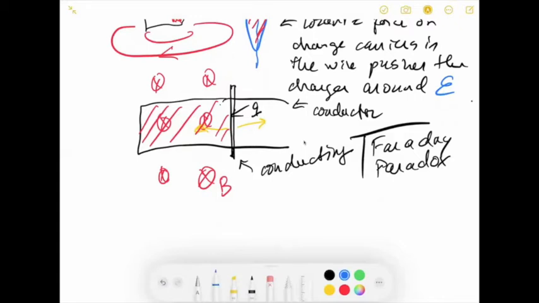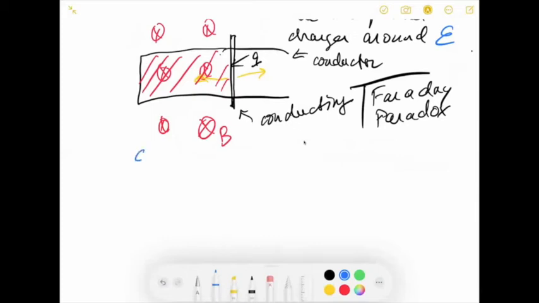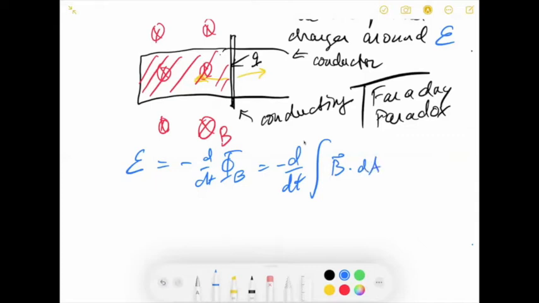And I think the cleanest way to say it is to say that EMF is minus d/dt of phi_B. And I'm using the total derivative, not the partial derivative, because we can change this flux in any way, right? We can use the chain rule, and it's B dA.